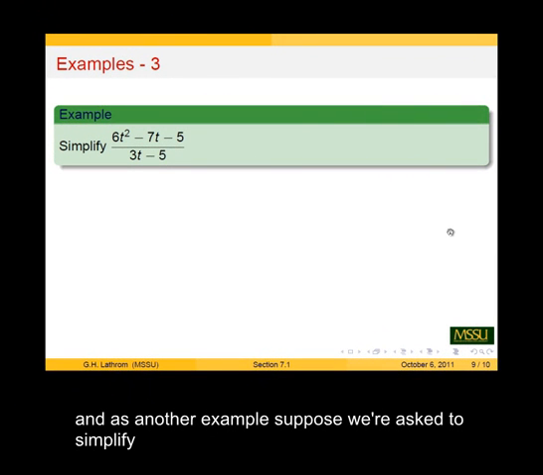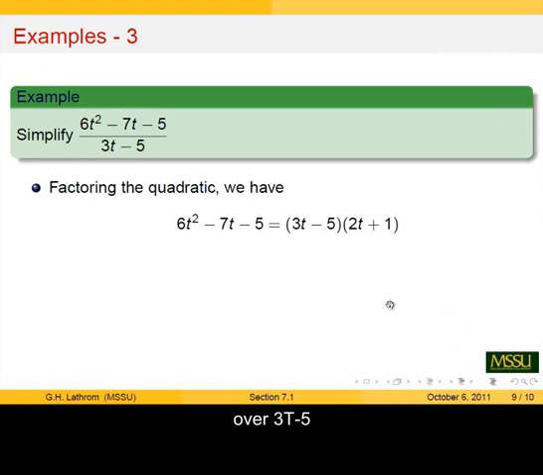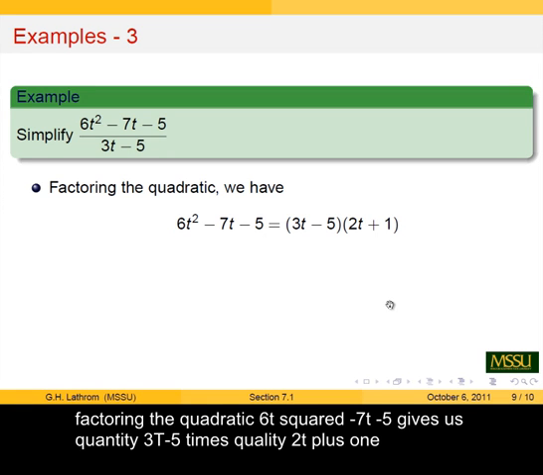As our final example, suppose we are asked to simplify 6t squared minus 7t minus 5 over 3t minus 5. Factoring the quadratic, 6t squared minus 7t minus 5 gives us quantity 3t minus 5 times quantity 2t plus 1.